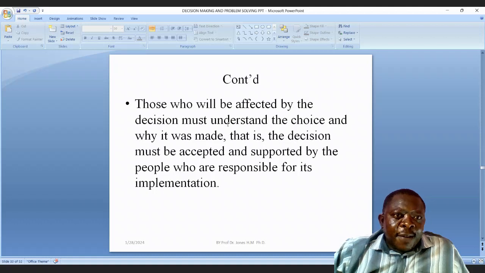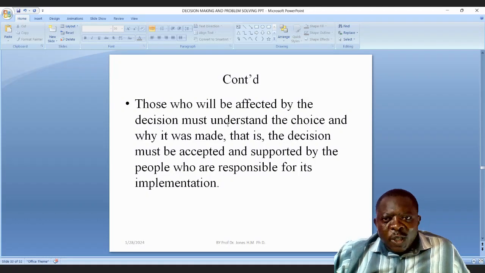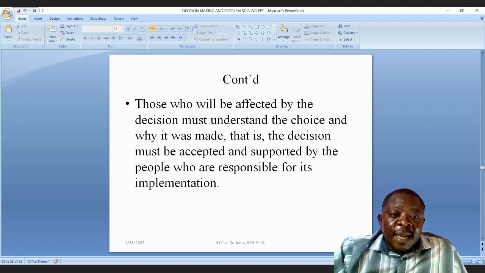Those who will be affected by the decision must understand the choice and why it was made. That is, the decision must be accepted and supported by the people who are responsible for its implementation.